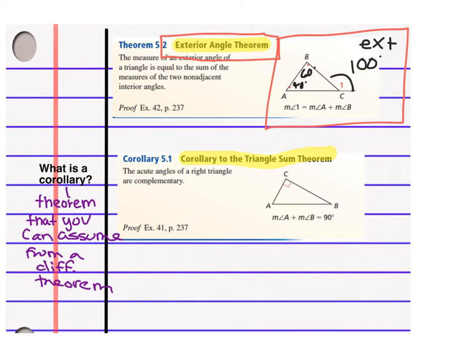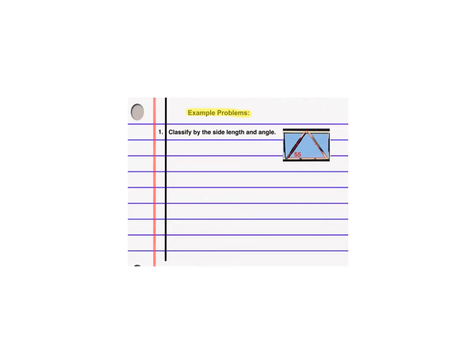So if angle C is a right angle, since there are 180 degrees, 180 minus 90, there are 90 degrees left, and angles that add up to 90 are complementary. So I don't know what A and B are, but they are complementary. 40 and 50, 60 and 30, something like that. So again, pause the video, write down what you need to. I'm going to start the examples.